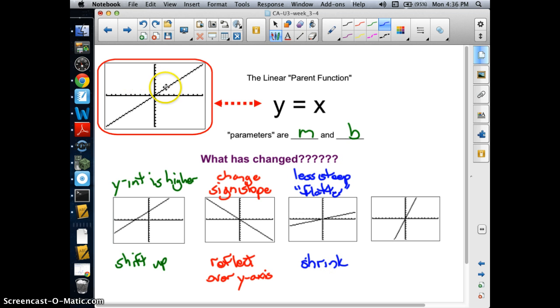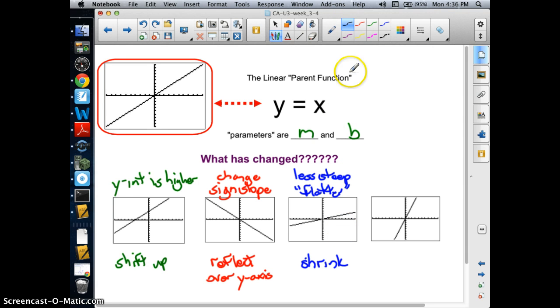You can actually think of it as if this line was a piece of rubber band and you were holding it upright in front of you. If you shrink it, if you flatten it out, doesn't it sort of expand sideways? And that's the way that you can think of this. Some people find it useful. But anything that's less steep or flatter would be considered a shrink.